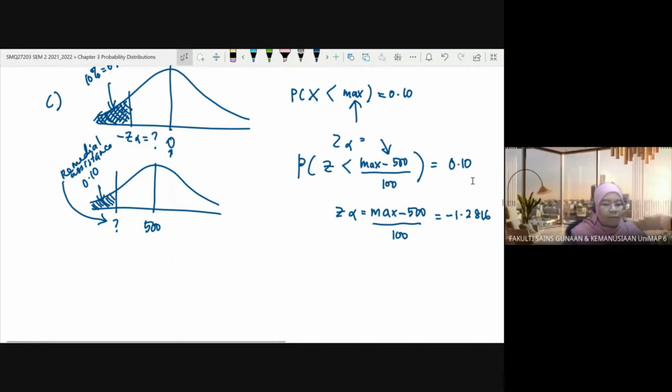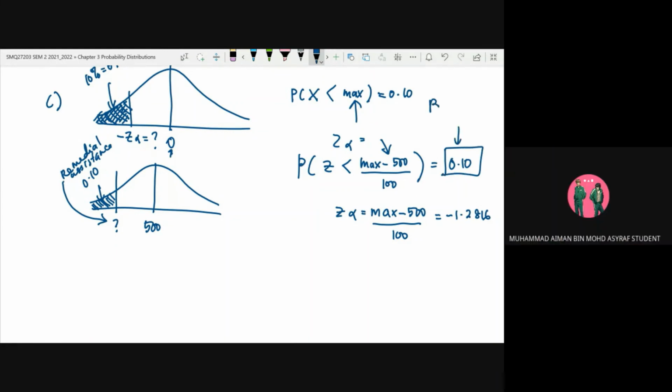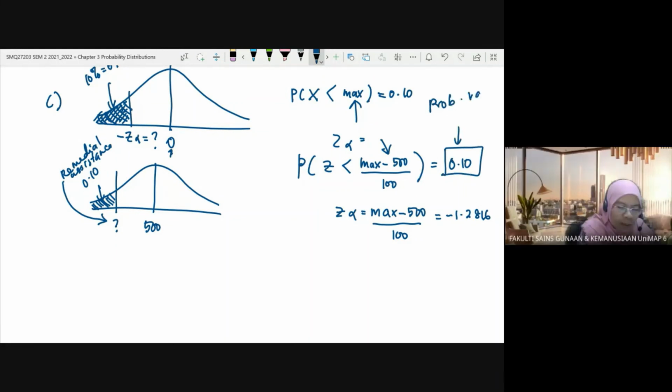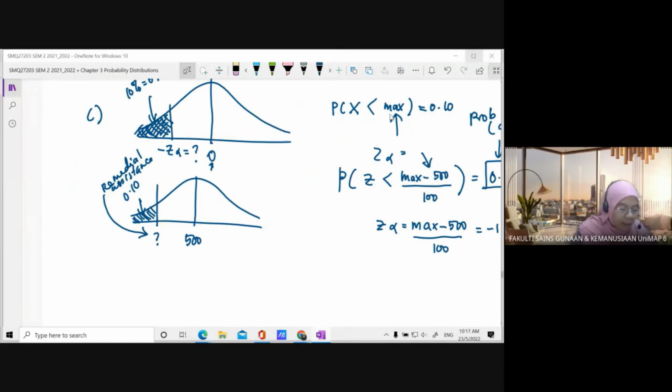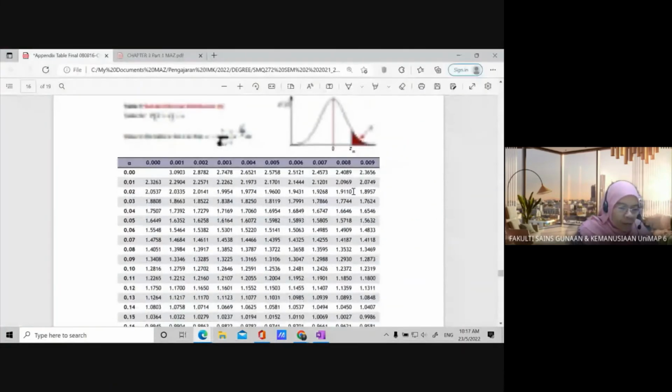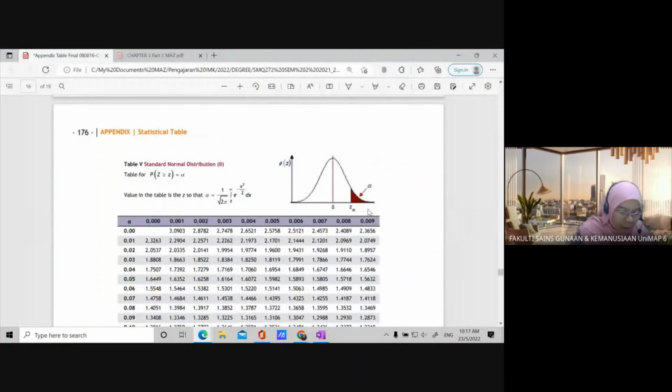Since we are looking for the probability value, that is alpha, and alpha only reflects the second table. So the second table reflects the alpha value. We need to find the Z alpha. Even though we know Z alpha is from the negative side, for the answer we are looking at the positive side. So alpha from the negative side is 0.10.